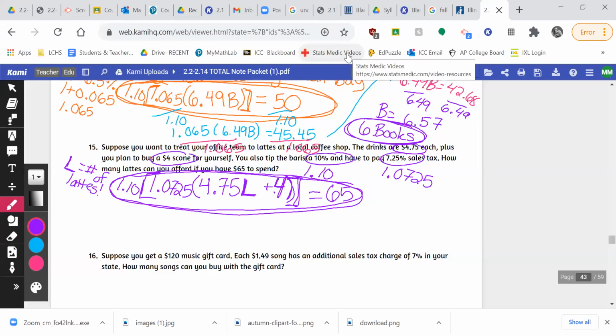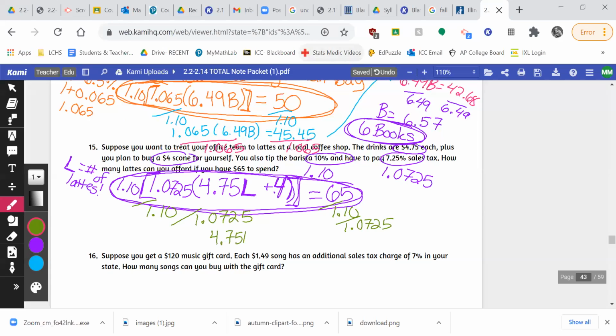However, you have these two parts on the outside, so we can use that shortcut. We can divide by 1.1 and divide by 1.0725. You can't do anything else though, so don't divide by more than those. Make sure you do 65 divided by 1.1 first, and then divide by 1.0725. So all we have left is 4.75L plus 4 equals.